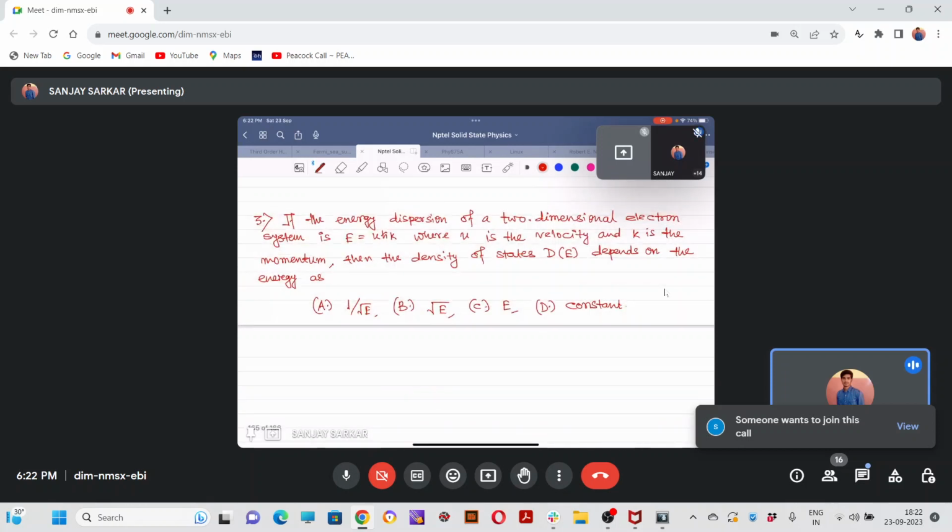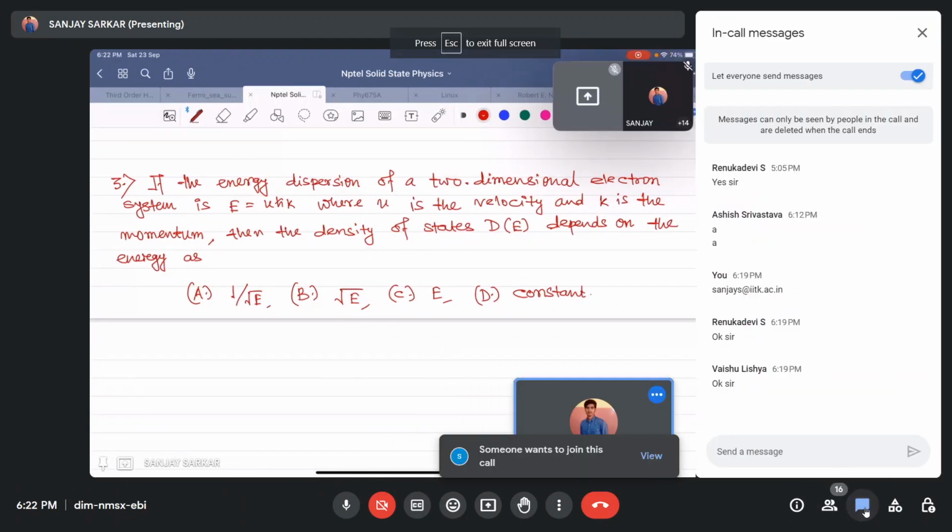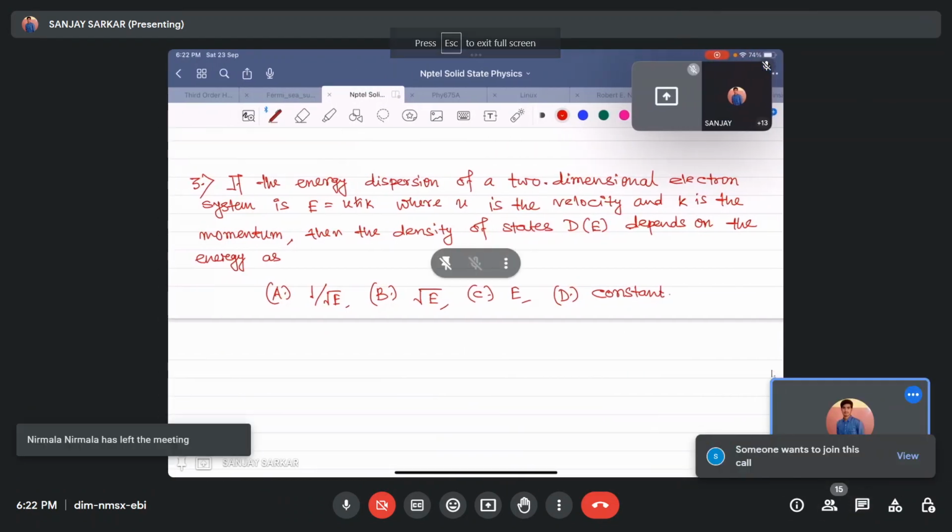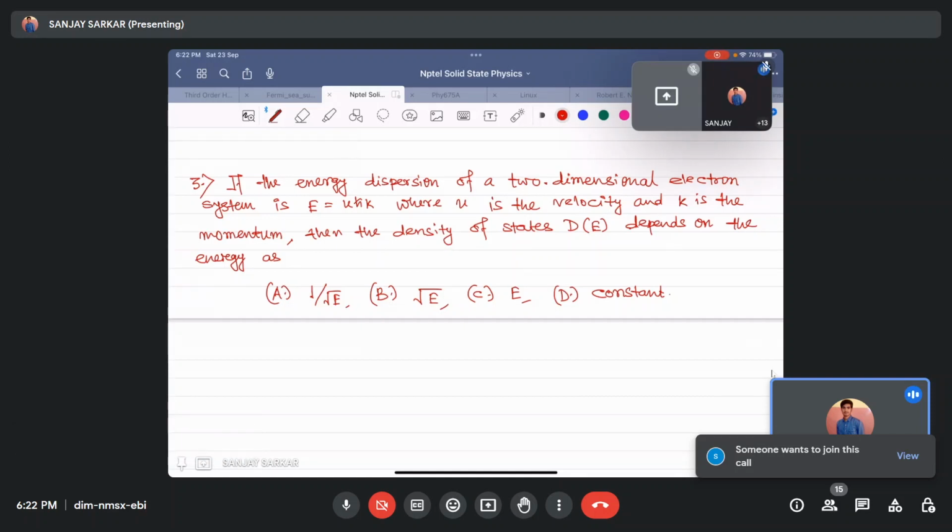I think I have already shown you what the answer is, but can you tell me immediately what the answer is? I have already solved this question, but I have written the answer there.